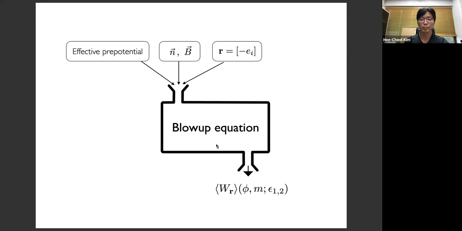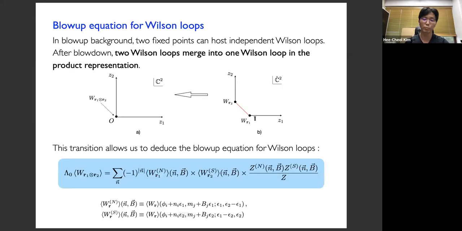Diagrammatically, this blowup equation for the Wilson loop operators can be interpreted as the following black box. It will now accept three inputs. The first two are the same as the input to the ordinary blowup equation, but now we have one more input, which is nothing but the representation of the Wilson loop. So here we can put two Wilson loop operators, but we can set, for example, the second Wilson loop to be trivial.